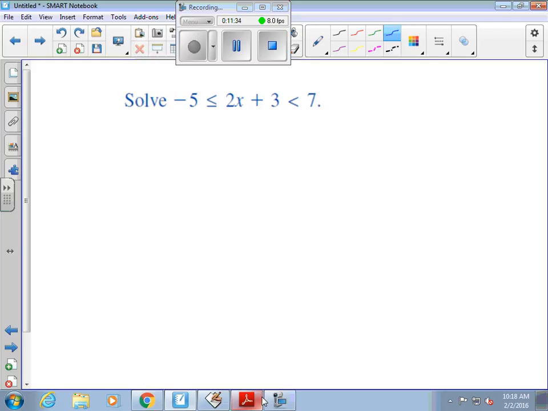Negative 5 is less than or equal to 2x plus 3, which is less than 7. Still work your order of operations in reverse.